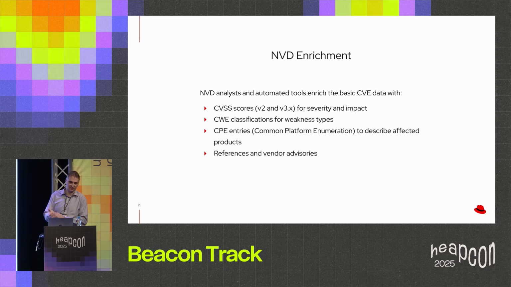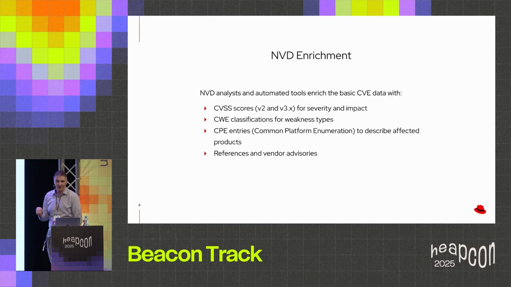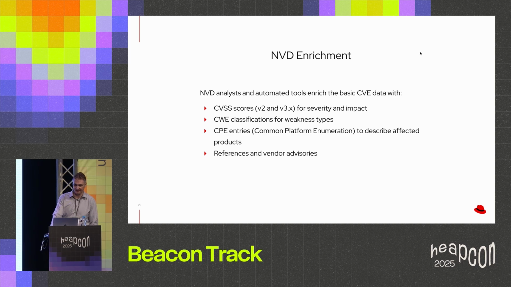How serious is the vulnerability? So trying to put some kind of score on it is a big thing, and we will talk about it much more. But also to provide a much more detailed and, so to say, machine-readable way to identify certain products and projects that are being affected at this point.